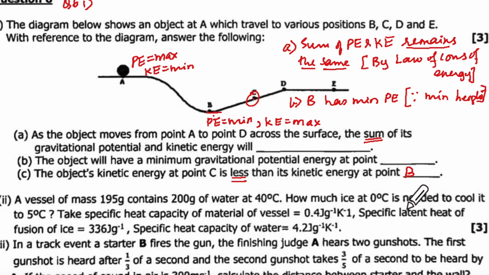Yes. So what you will write for the C part? KE at C less than KE at B. See, all of these are thinking type of questions, aren't they? Yes. They are not really difficult.